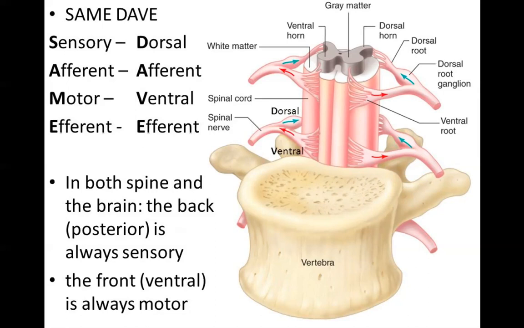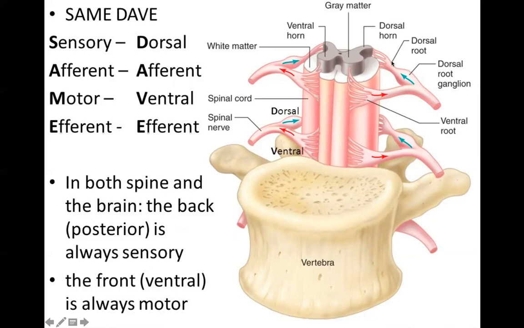Ventral is always efferent. So in both the spine and up into the brain, in the medulla oblongata, the back, that is dorsal, posterior, is always sensory. The front, or ventral, is always motor. And that's true for the spinal cord itself, as well as the roots that are entering into the spinal cord.